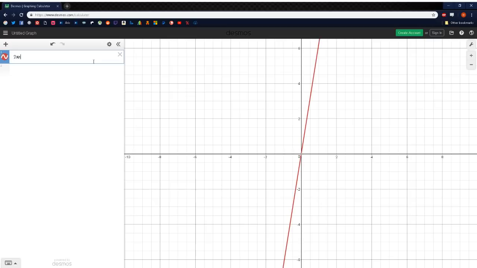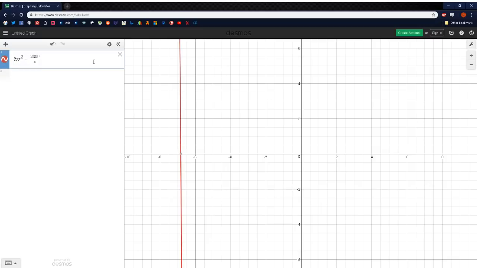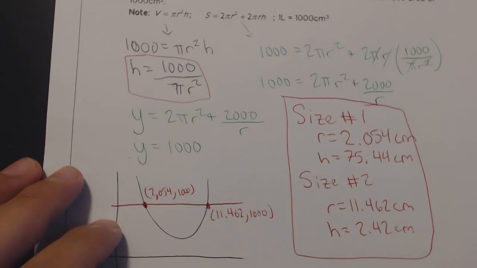I'll use x squared because the graphing calculator is not going to know what R is, plus 2,000 divided by x. And I need another equation. Actually, I need to make y equal to this. I believe Desmos needs the y. So y equals. And let's say y equals 1,000.